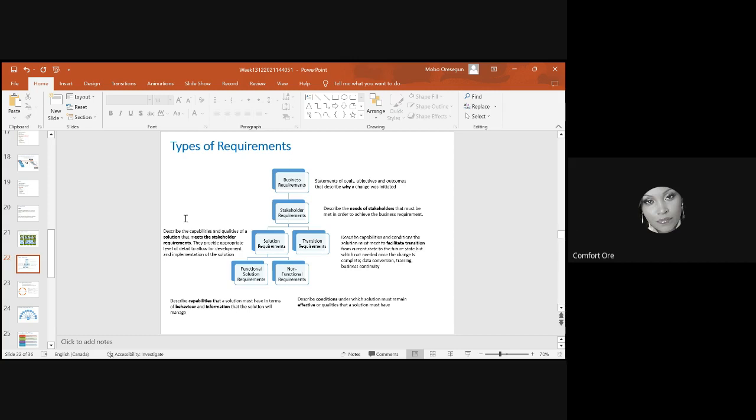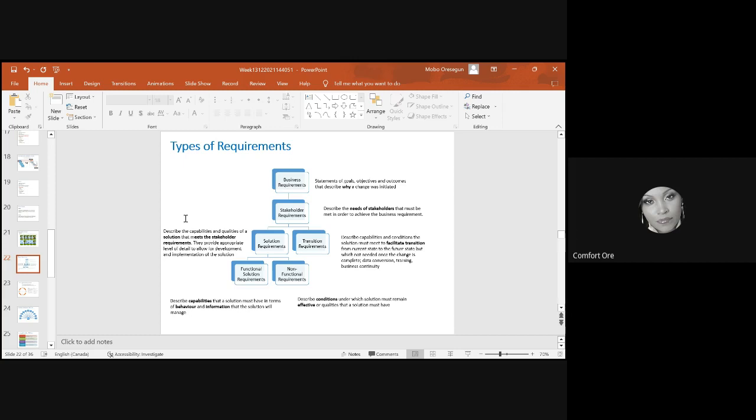However, out of the four, there's a further decomposition at the solution requirements, and they will have two extra ones, which are the functional solution requirements and the non-functional solution requirements.